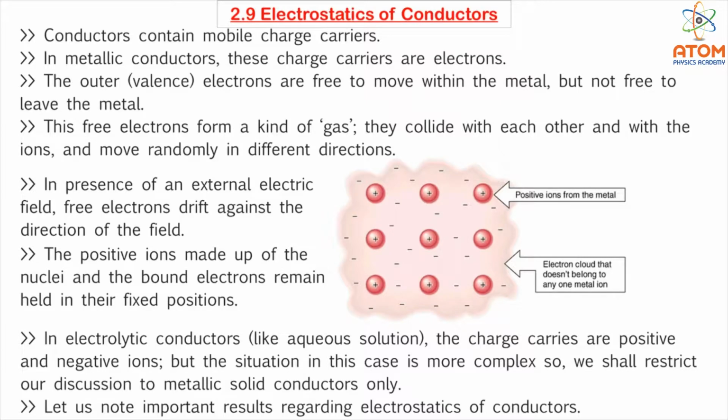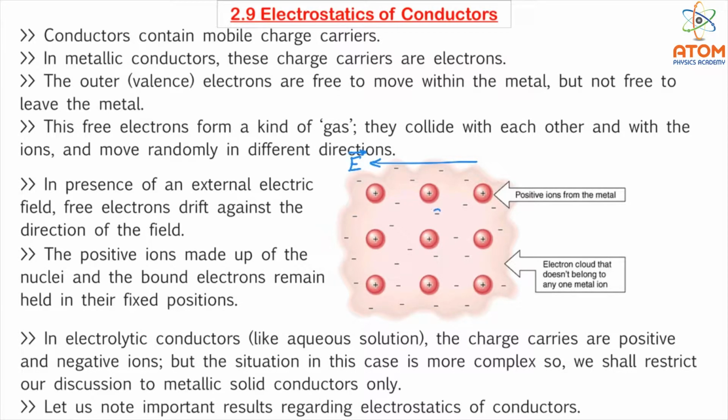Now, in the presence of an external electric field, these free electrons will drift in the direction opposite to the field. Let me show you. Suppose this is the direction of the electric field. Somehow we have applied the electric field in this direction.